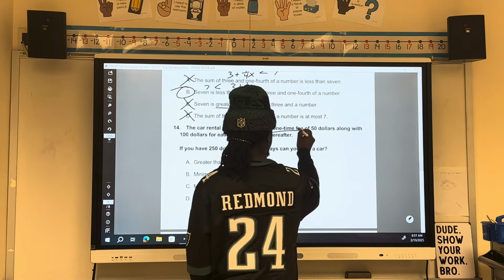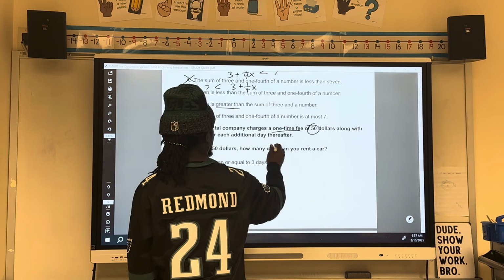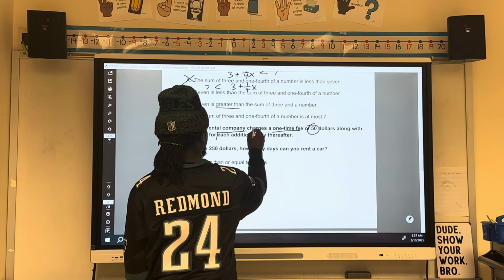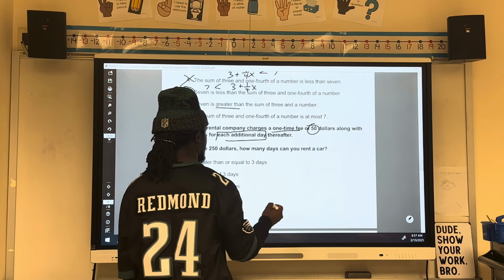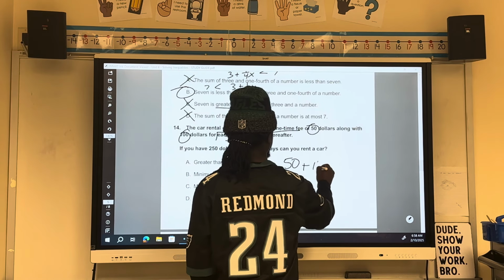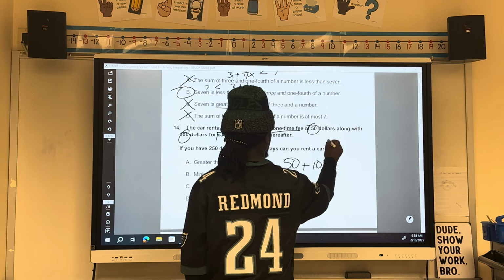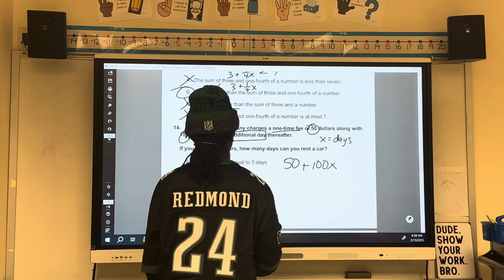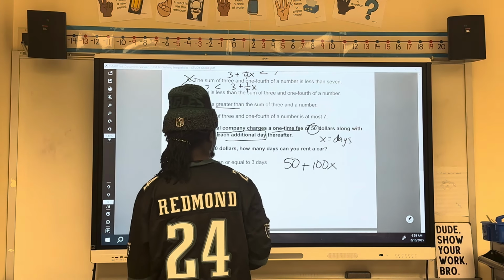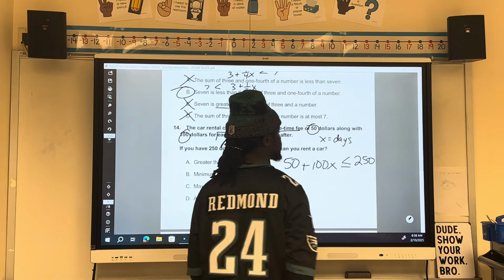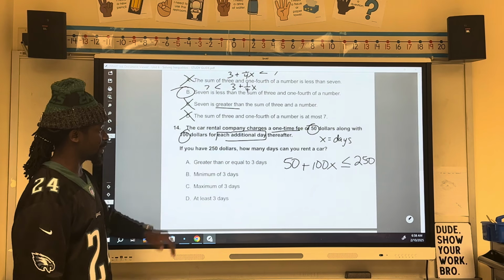So the inequality would be 50, what you got to pay, then 100 for each day, where x equals the number of days. And I got $250, so I can't spend more than that, so it's going to be less than or equal to $250. So that is my inequality.